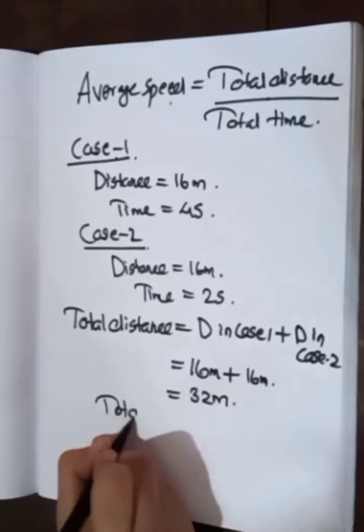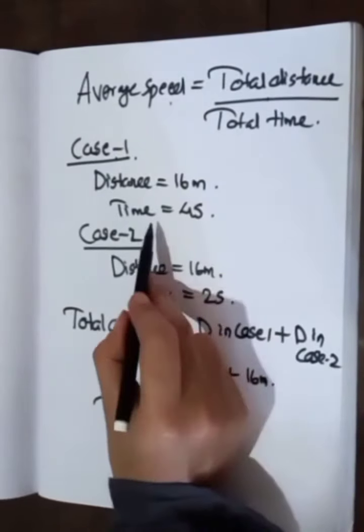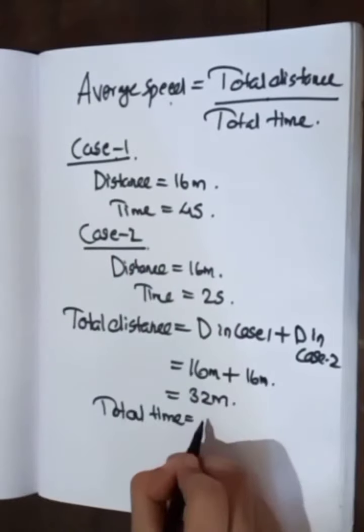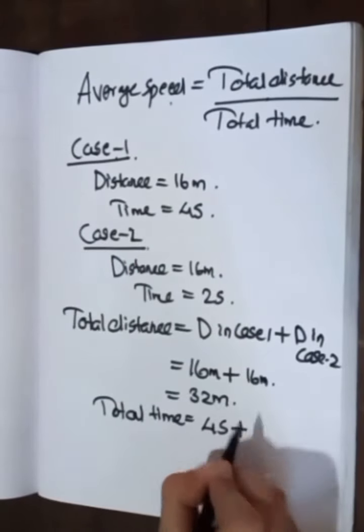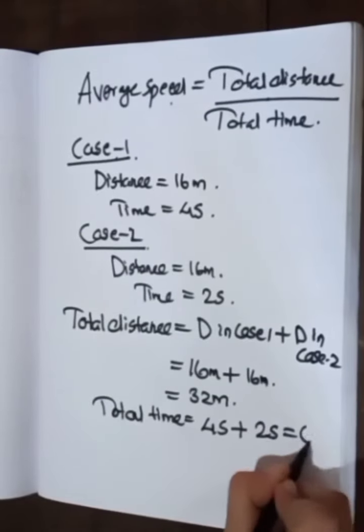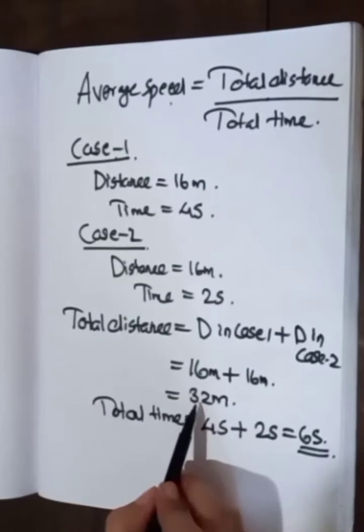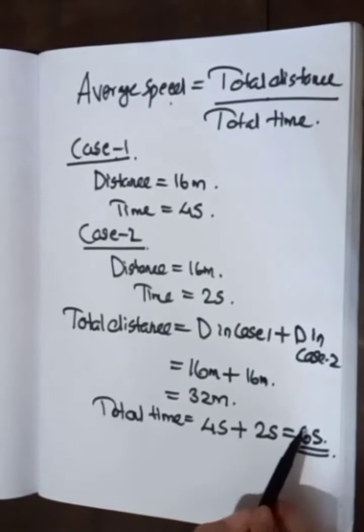Then total time is equal to time in the first case, that is 4 seconds, plus time in the second case, that is 2 seconds. That is 4 plus 2, 6 seconds. Okay. So, the total distance is 32 meters and total time is 6 seconds.